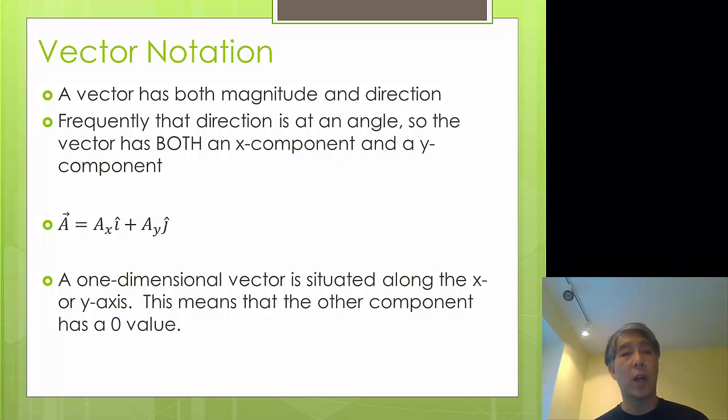Either ax or ay can be positive, negative, or even 0. If one of the components is 0, that implies that it's just a one-dimensional vector. If both of the components are 0, this is the 0 vector. A 0 vector has all components equal to 0.